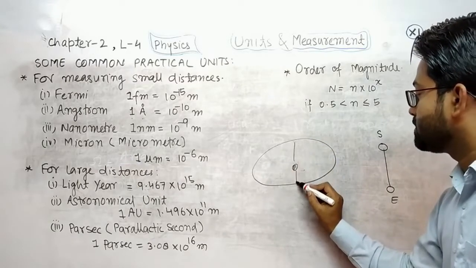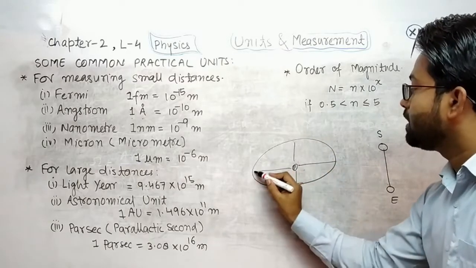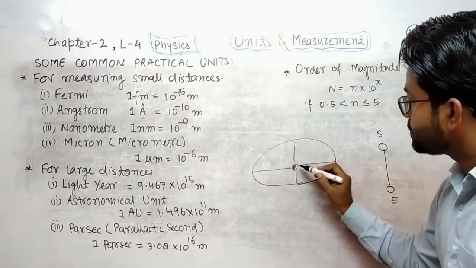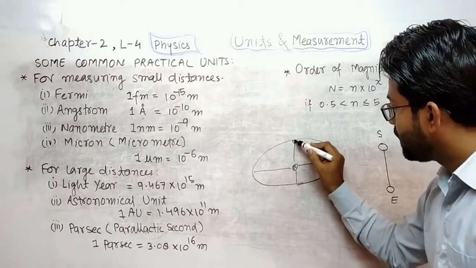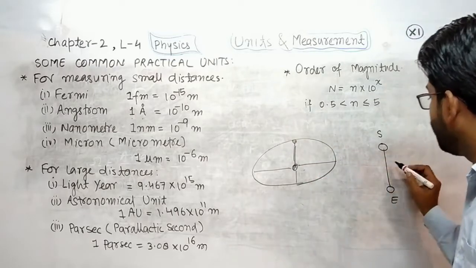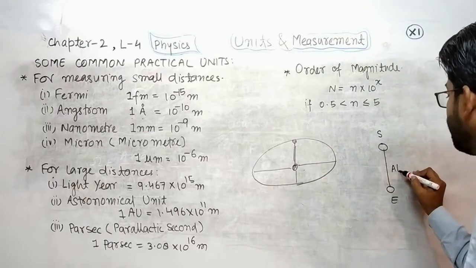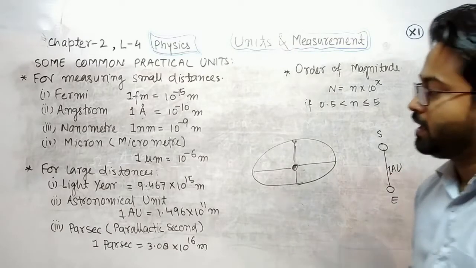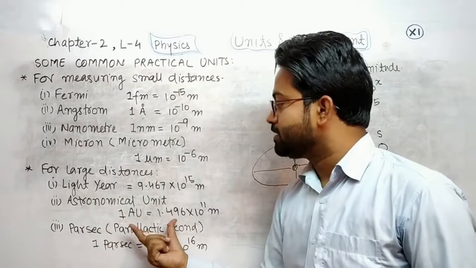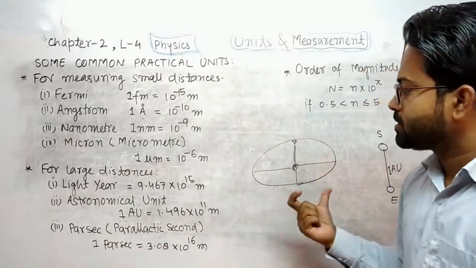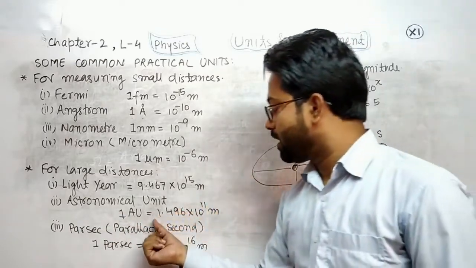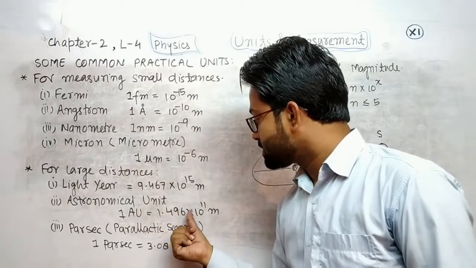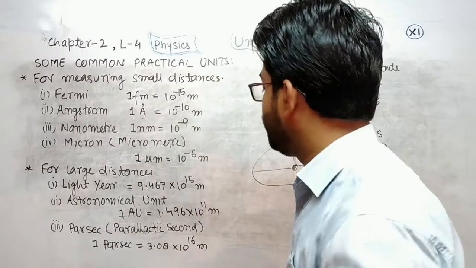This distance is less and this distance is large. If you take the average, then the average distance between Earth and Sun is called 1 astronomical unit, which is 1.496 into 10 to the power 11 meter.